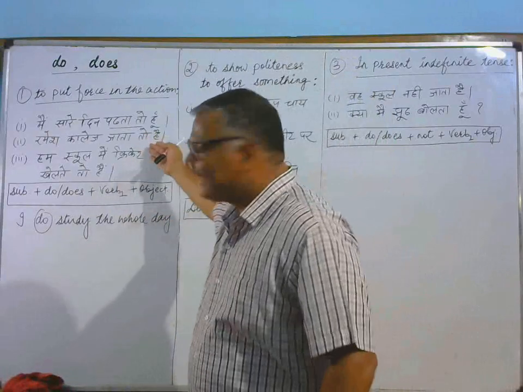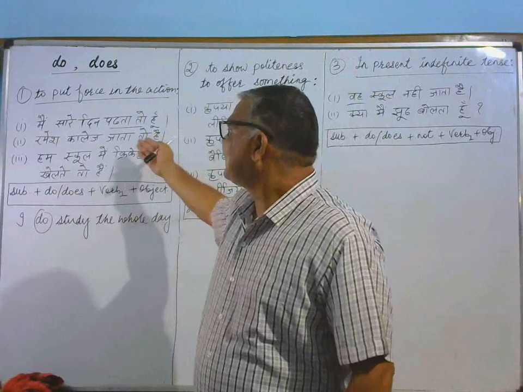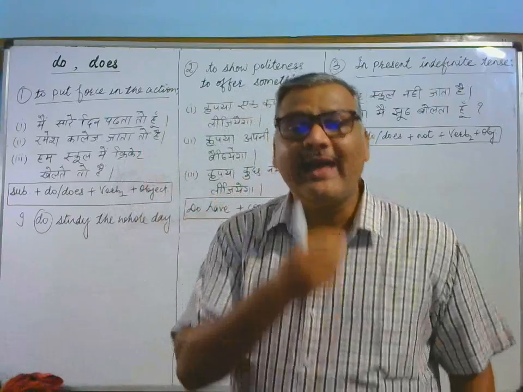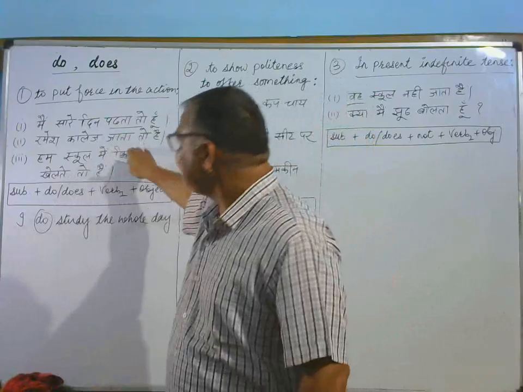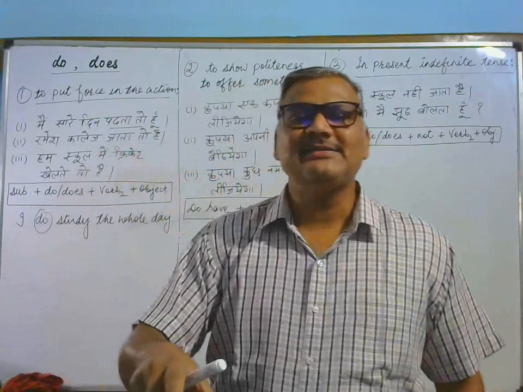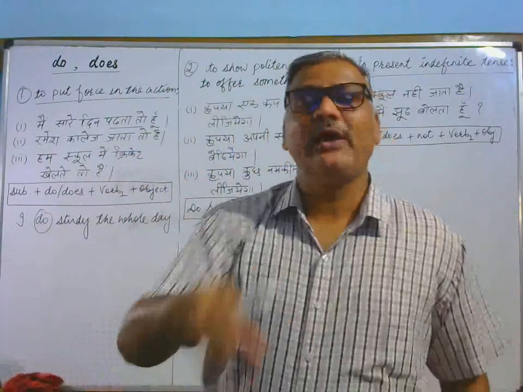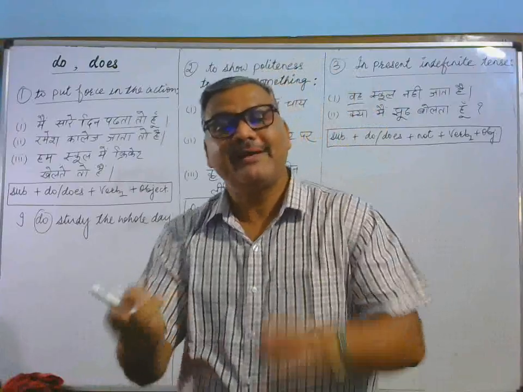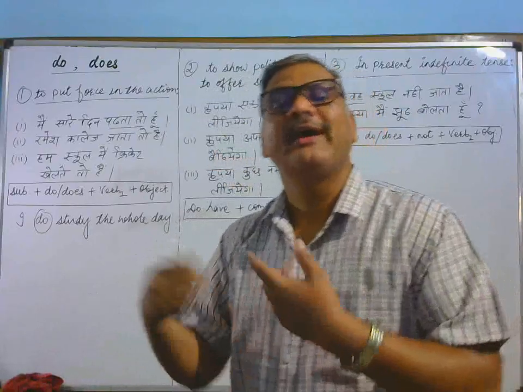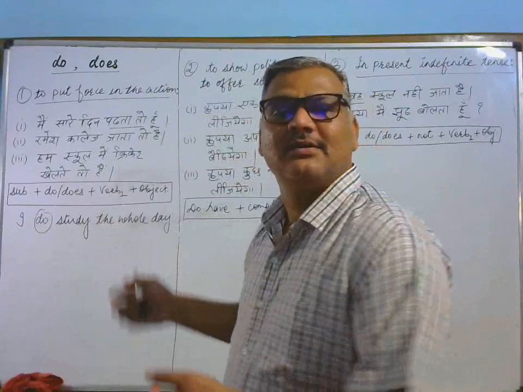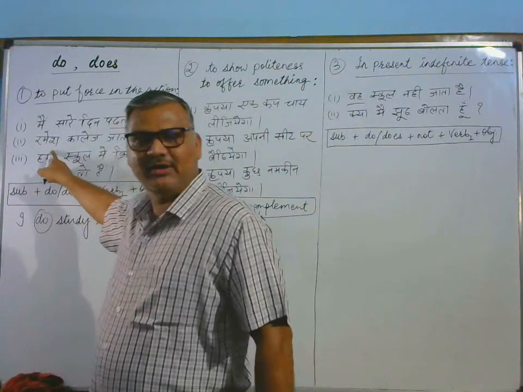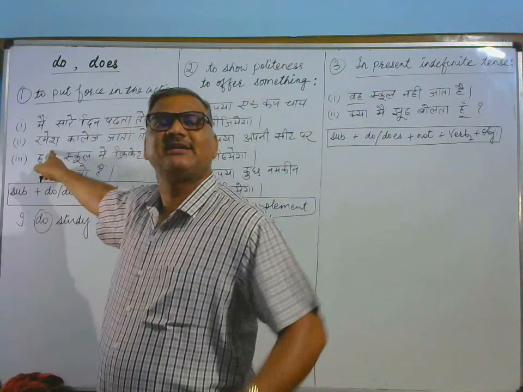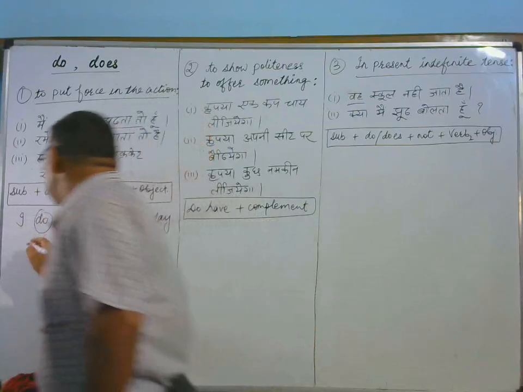In the next example, रमेश कॉलेज जाता तो है. In Hindi, the force is on जाता तो है. But in English, how can we show this? First of all, we translate Ramesh. This is a name.